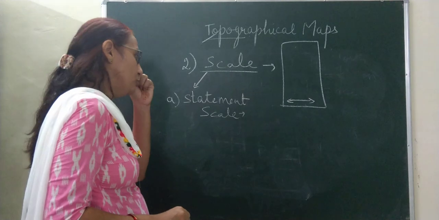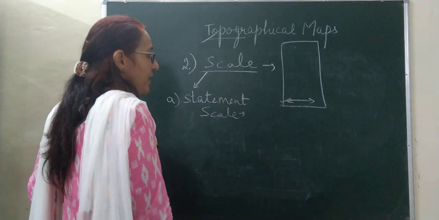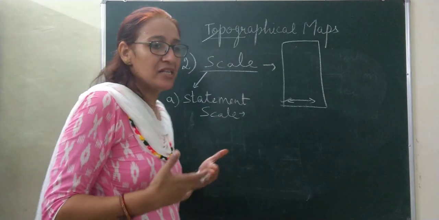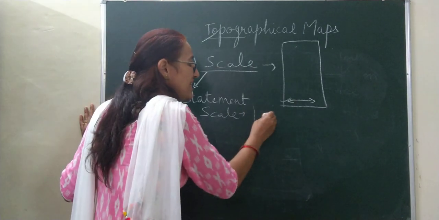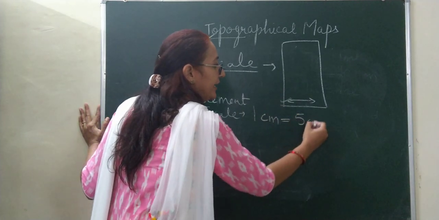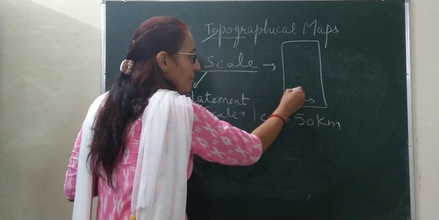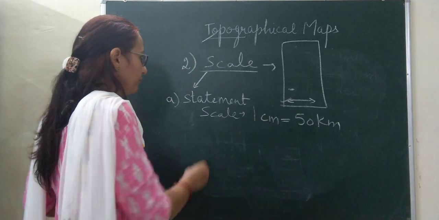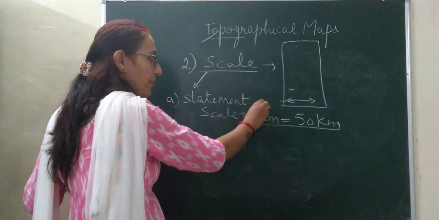In statement scale, at the bottom of the map, we write the scale in a simple statement manner, like 1 centimeter on map represents 50 kilometers on ground. So in this way we write the statement scale in a very simple way.